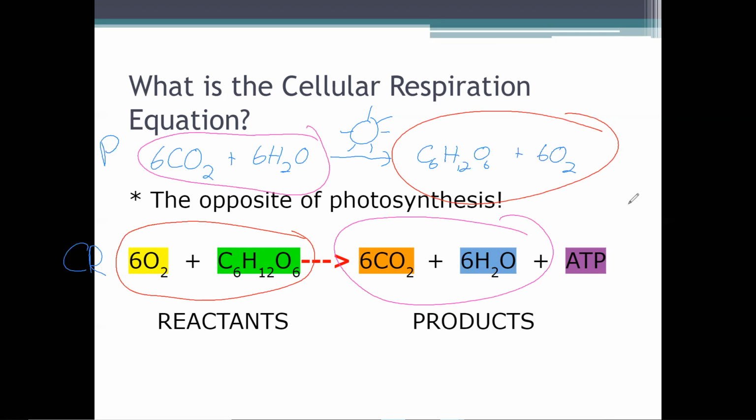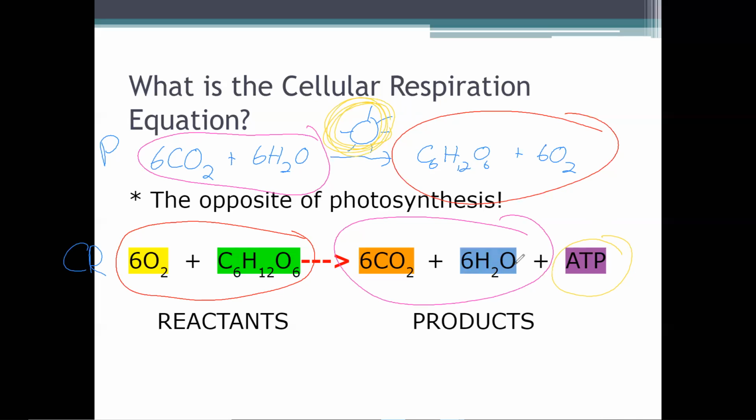The only difference here is our form of energy. So here we have the sun's energy that's powering this reaction, and over here ATP energy, which is a form of chemical energy, is produced at the end. So that's the difference here.